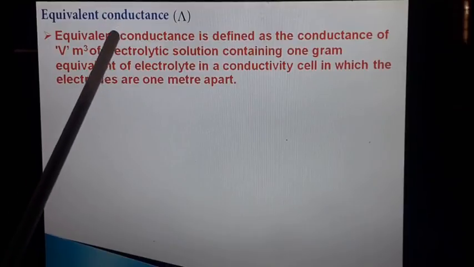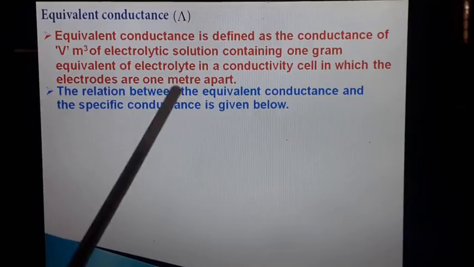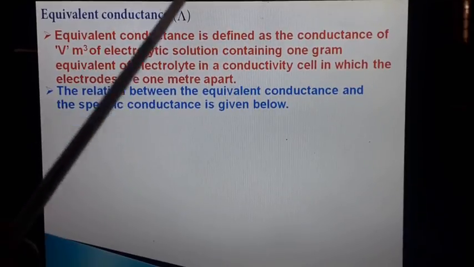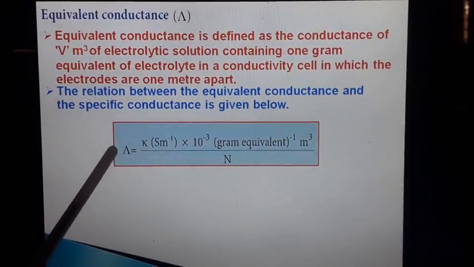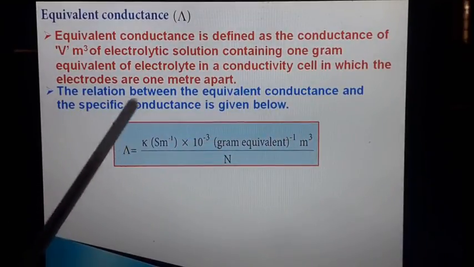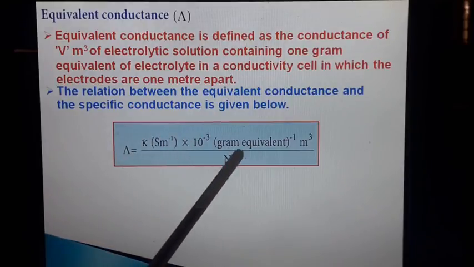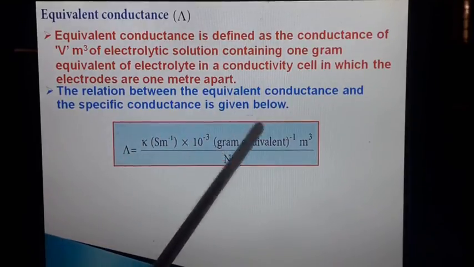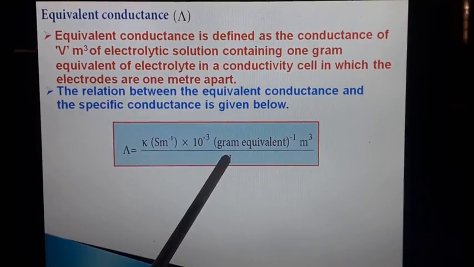This is the definition. So the relation between the equivalent conductance, lambda, and the specific conductance, kappa, is lambda is equal to kappa into 10 to the power minus 3 divided by capital N, in gram equivalent per meter cube.